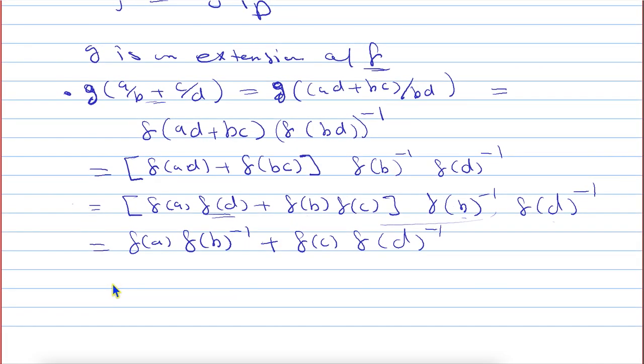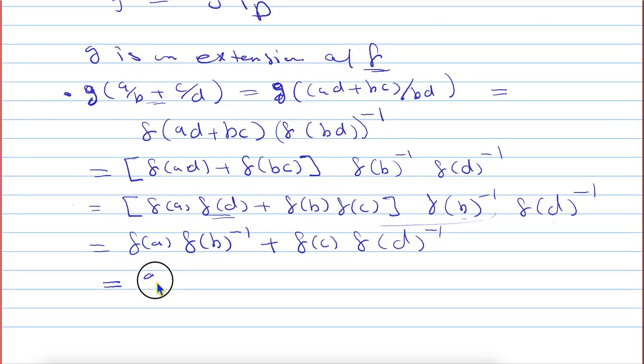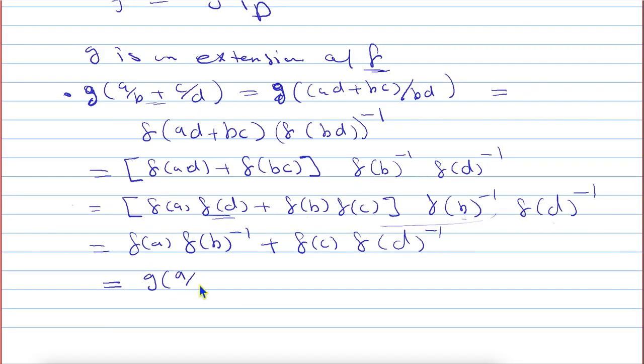And this, of course, equals G of A over B plus G of C over D.